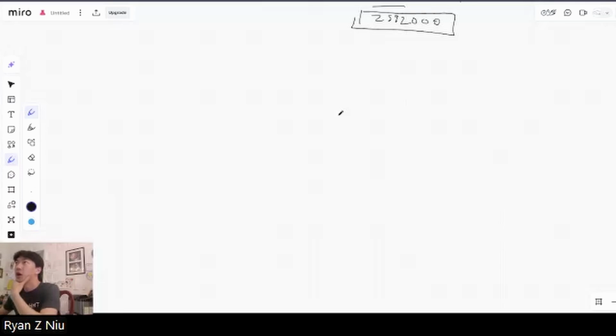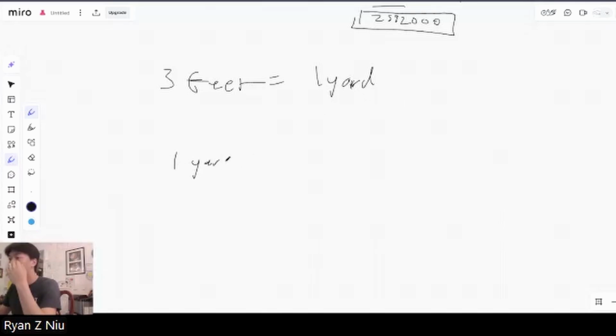And so another thing about units is how they carry in dimensions. So say we have 3 feet again equals 1 yard, right? Say instead of 1 yard, we had a square yard, a yard squared. So what does that mean?